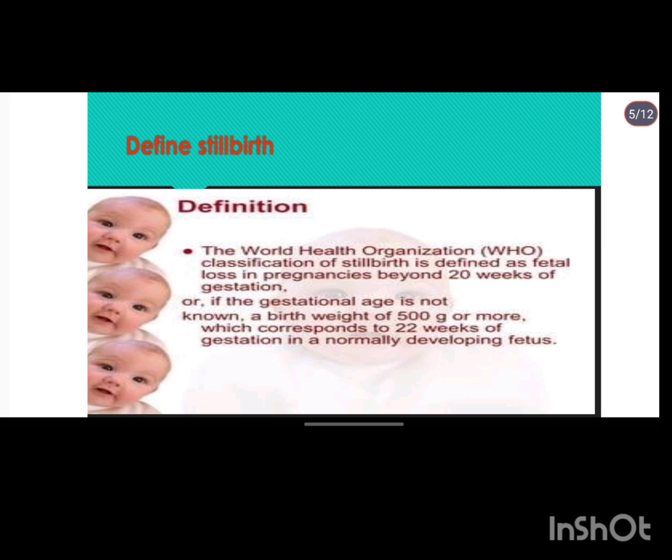That means the gestational age should be after 20 weeks, or if the gestational age is not known, a birth weight of 500 grams or more, which corresponds to 22 weeks of gestation in a normally developing fetus. So if the death is of a fetus weighing 500 grams or corresponding to 22 weeks, it should be considered a stillbirth.